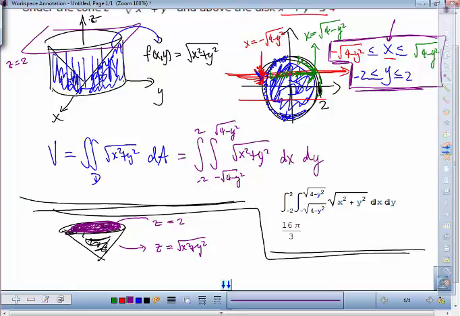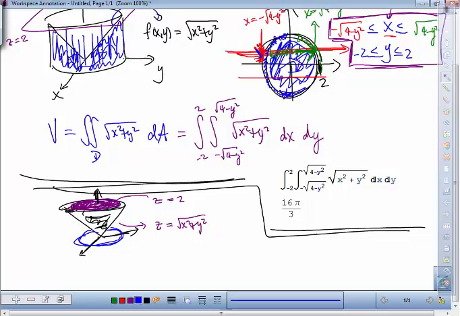And you will be integrating this over the same region that we have described here in 2 dimensions, except instead of going from the cone down to the xy plane, to 0, you're going from the cone to the plane z is equal to 2.